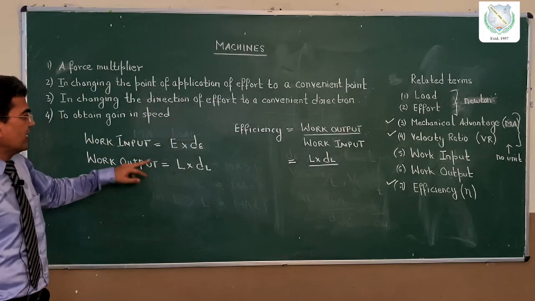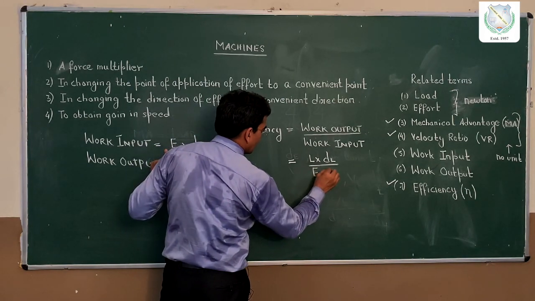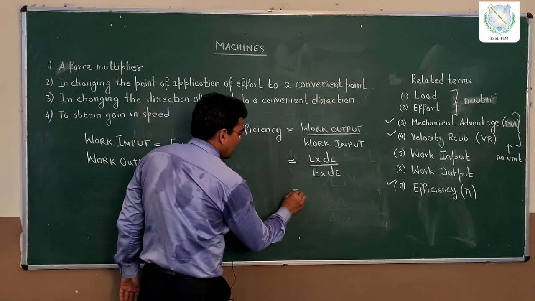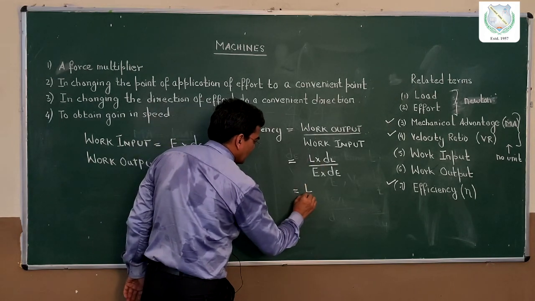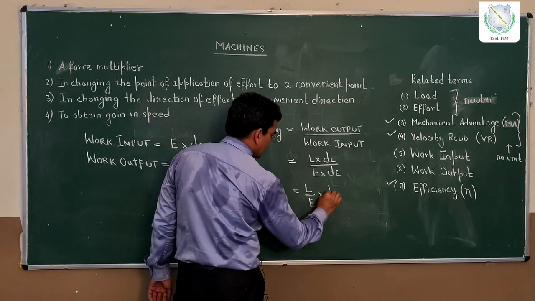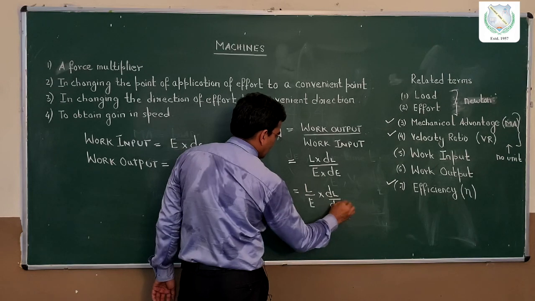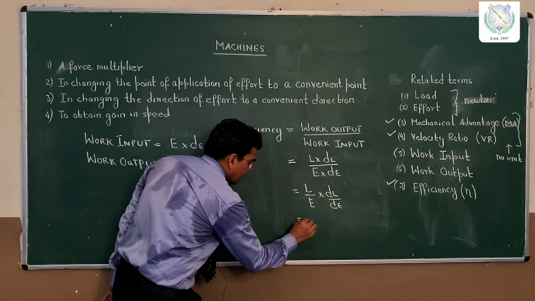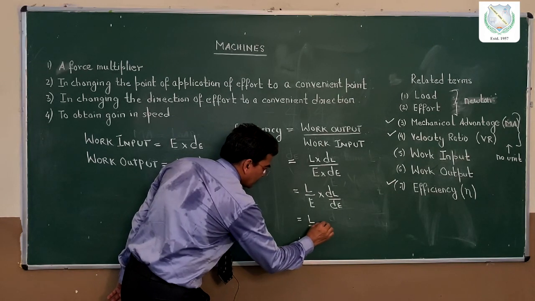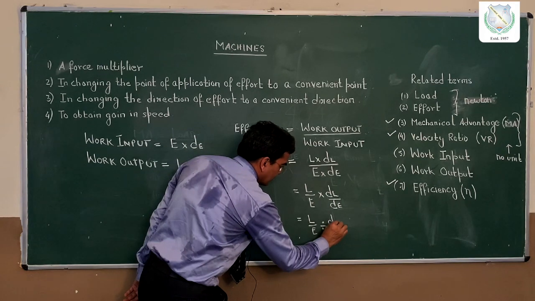Then we have work input, which can be replaced by this. Now further we can write it like this. We will take the reciprocal and change the sign like this.